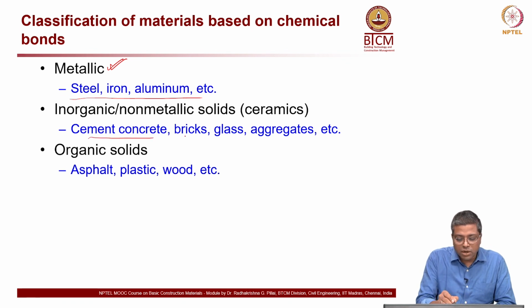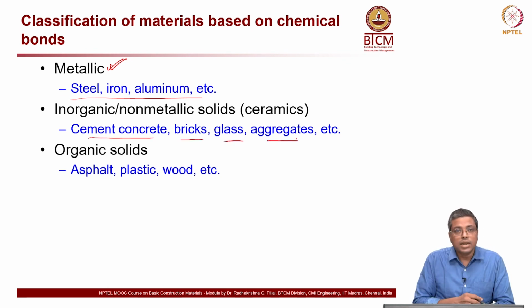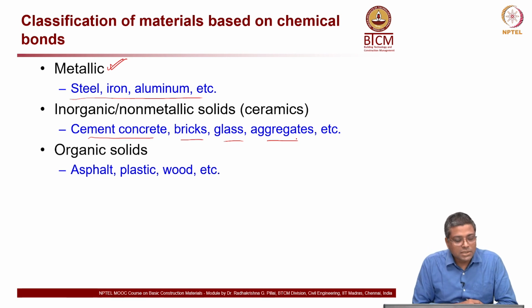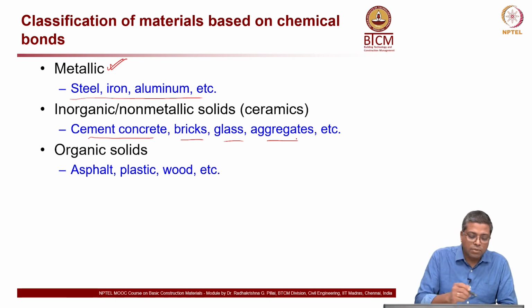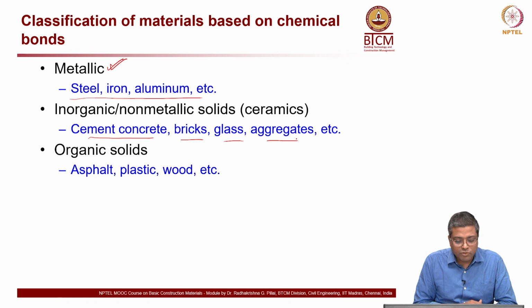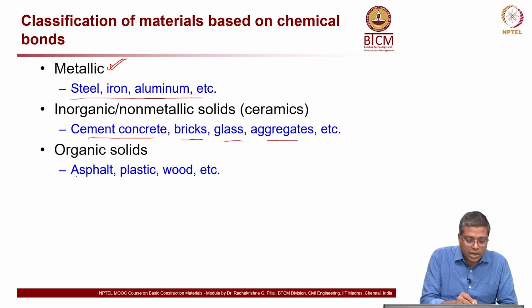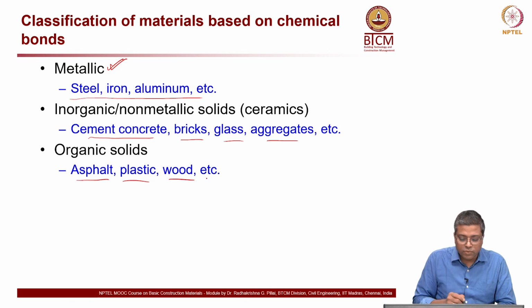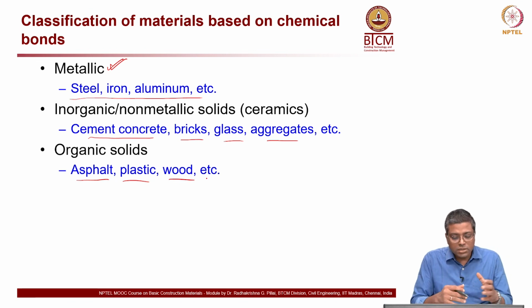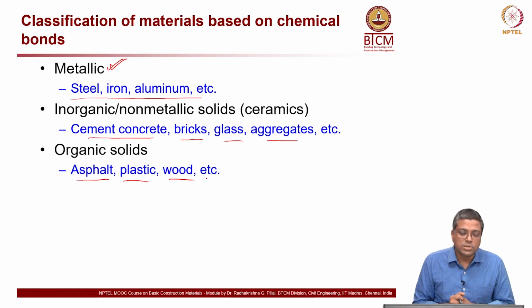Cement, concrete, brick, glass and aggregates are typically ceramic materials, and they have other types of bonds, like covalent or ionic bonds. Other organic solids, like asphalt, plastic and wood, also have different bonds. So these materials can be classified based on the type of bonds present, and their behavior is also very different.